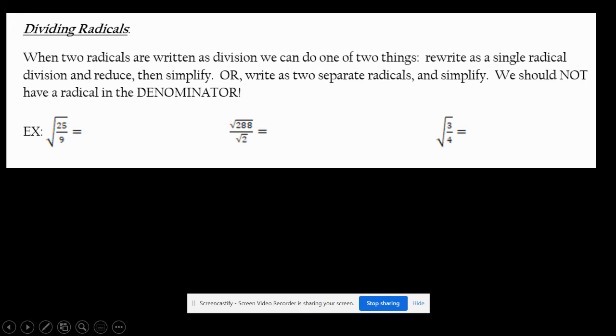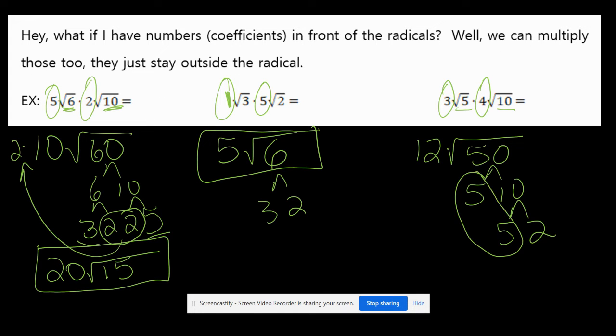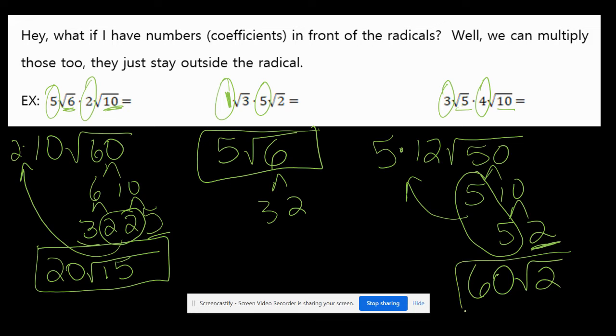So I have this pair of 5s with this 2 left over. The 5 comes out to multiply to the coefficient in front, which is 12. 5 times 12 is 60, with the 2 still under the square root. And that is simplest form.